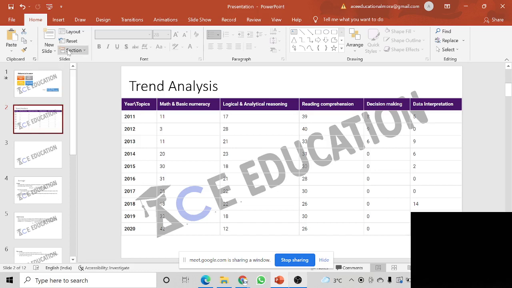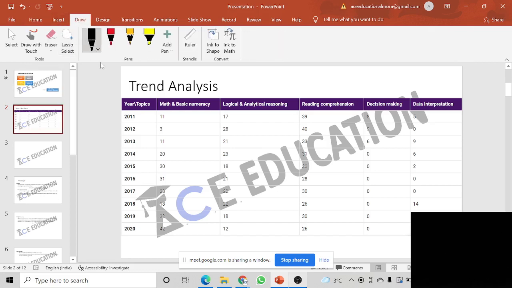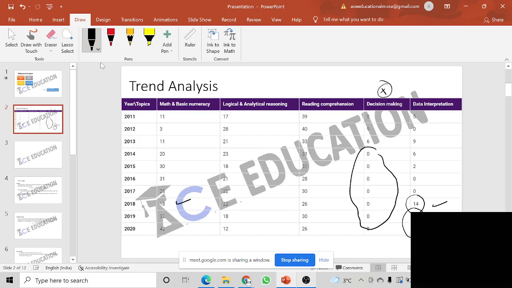So see, there are 5 sections over the period of time in which questions were coming in, and over the last few years, here it's all zero, here it's almost zero. Data interpretation is somewhere or other part of quants itself. So if you are comfortable with quants, you will be comfortable with data interpretation. So I'll just club it there. So these two things you really don't need to think about.